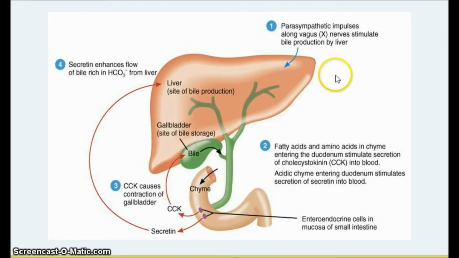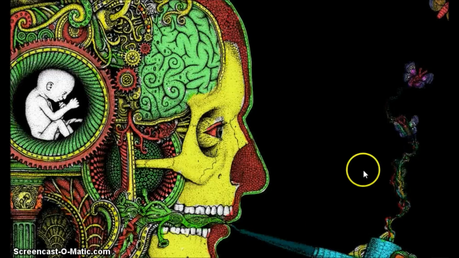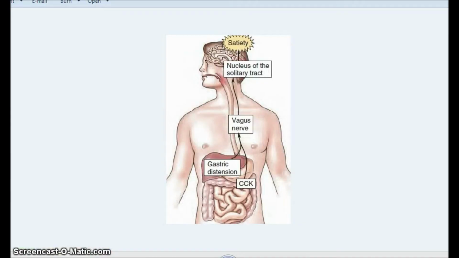So this CCK molecule will bind to neurons on the vagus nerve. Basically, the vagus nerve is a nerve tract that goes from your body to the solitary tract in your medulla.